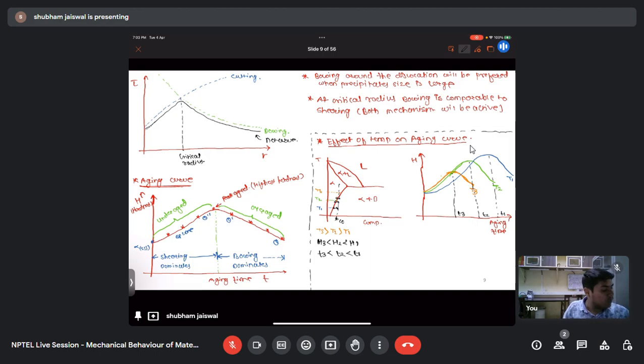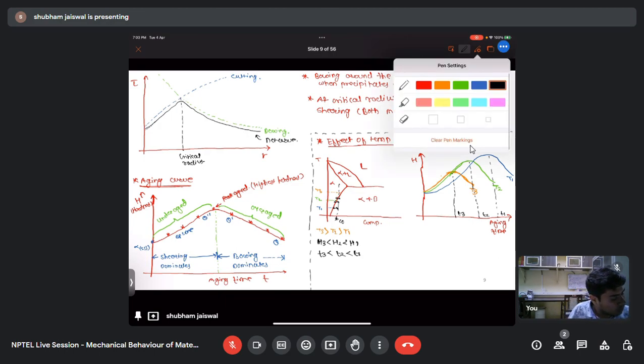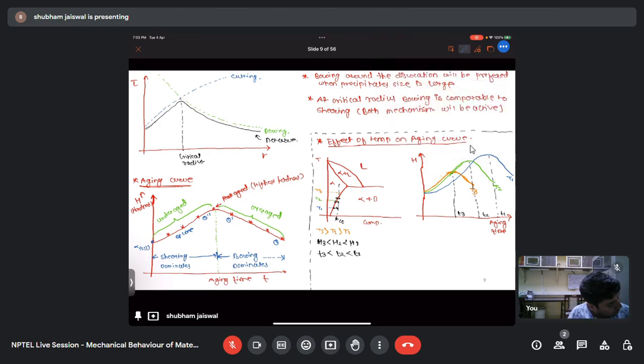Okay, so with increase in the temperature, the time required to reach the peak hardness has been reduced. So if I write in short, I can write like this. If the temperature increases, volume fraction of precipitates decreases, so which will result in the decrease in the hardness.